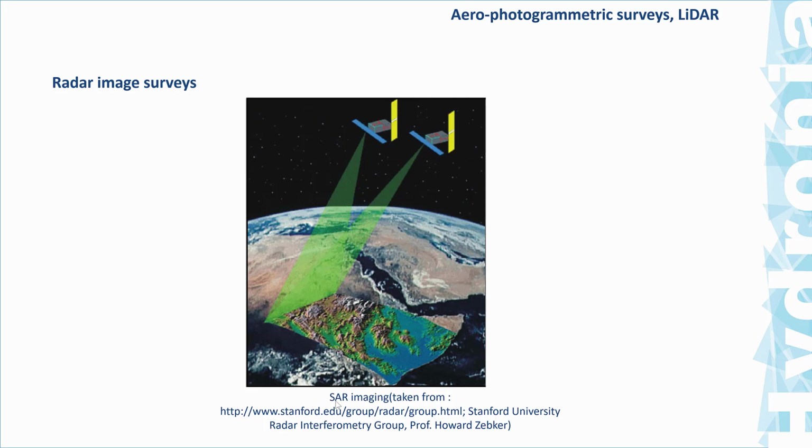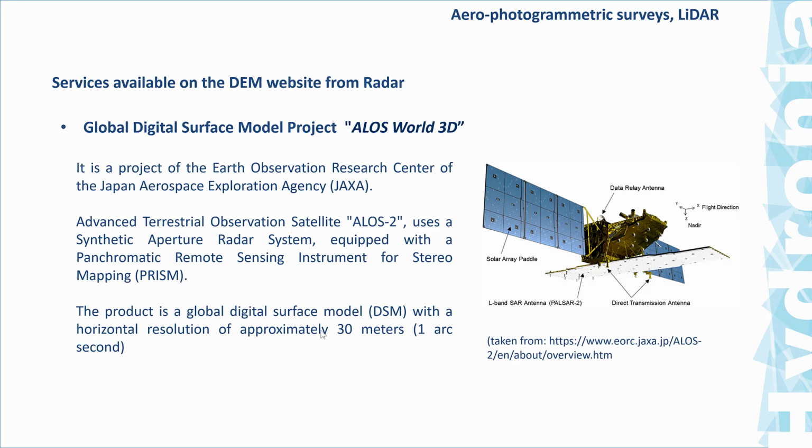This SAR is one of the standard radar images that you can use to obtain DEMs for the Earth's surface. Now, of the services available on the DEM website for radar, there is one that is widely used, and we have used it in several projects.